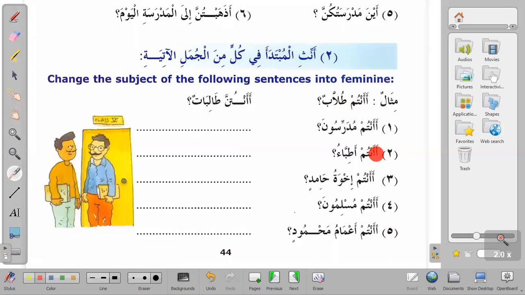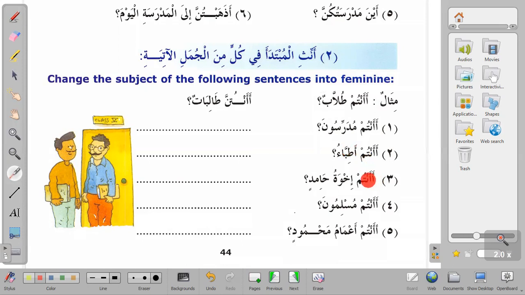Hope that is clear. Antum atibba'u, antunna tabibatun. Remember, for jam'u muannasu salim, you are supposed to add alif or ta. Mudarrisuna, mudarrisatun. Atibba'u is plural from tabibun, so tabibatun. You're supposed to use the singular form to add alif or ta.